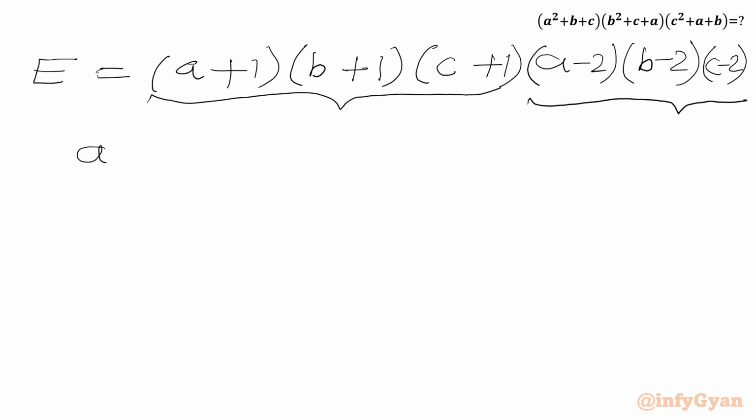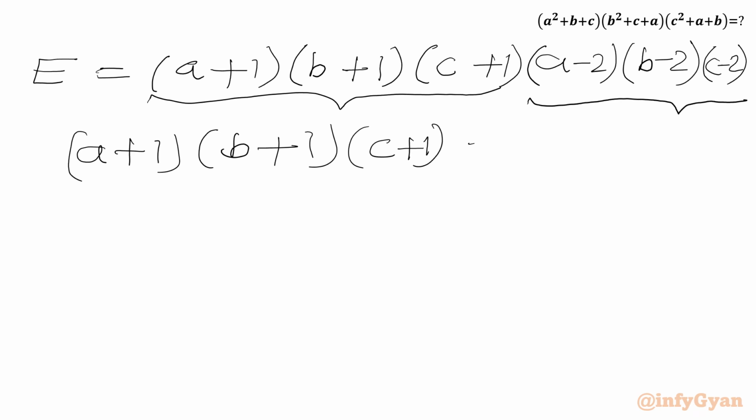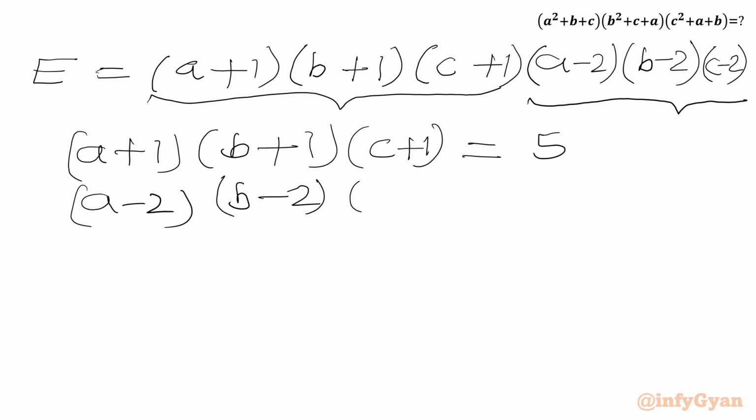So a plus 1 times b plus 1 times c plus 1 was 5, and a minus 2 times b minus 2 times c minus 2 was minus 16.